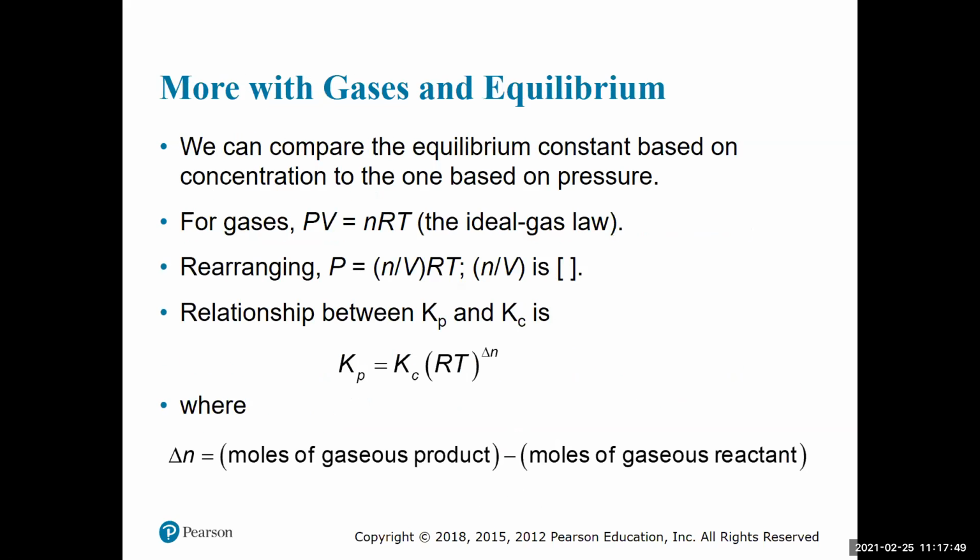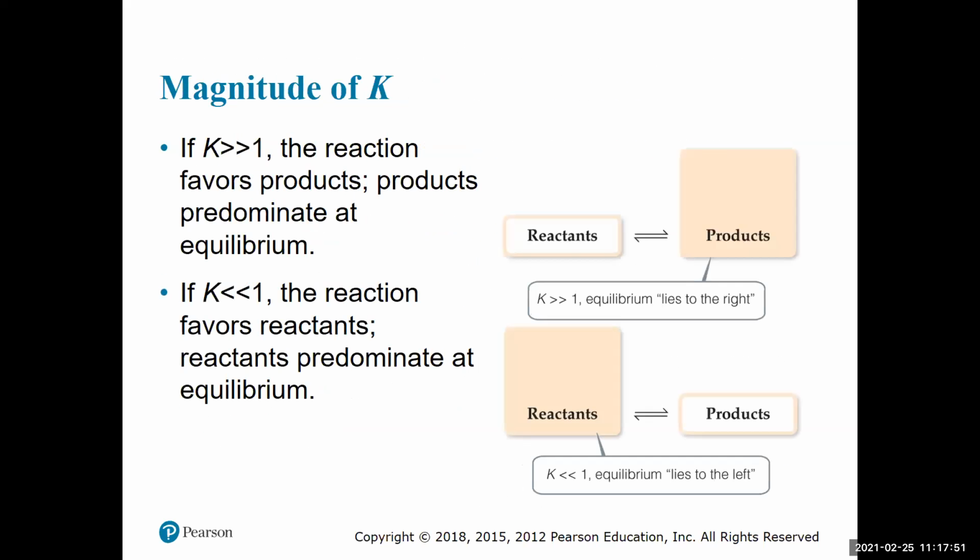So this is spelling that out, but if we really thought about it, we would know that. If K is a lot bigger than 1, then equilibrium likes to have a lot of products. If K is a lot less than 1, then equilibrium likes to have a lot of reactants.